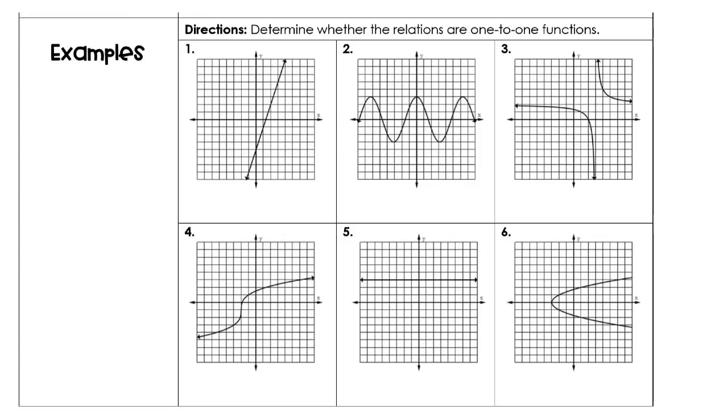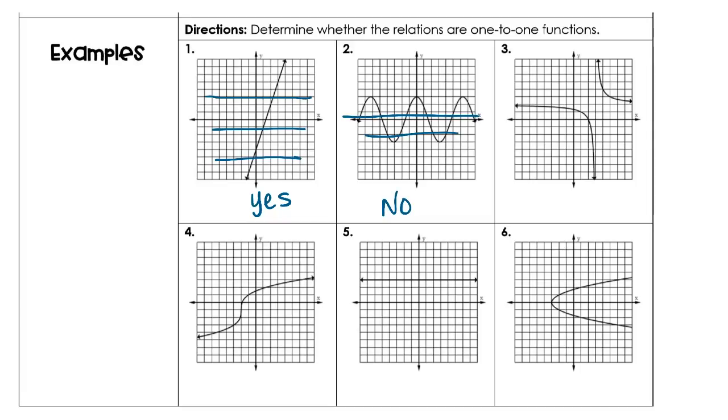So applying that horizontal line test, for these first ones we're given several graphs and we need to know whether or not the relations are one-to-one functions. For this first part, when we draw any kind of horizontal line, we do end up with a function that is one-to-one. However, with this one, if we look at drawing those horizontal lines, we do not have a one-to-one relationship.